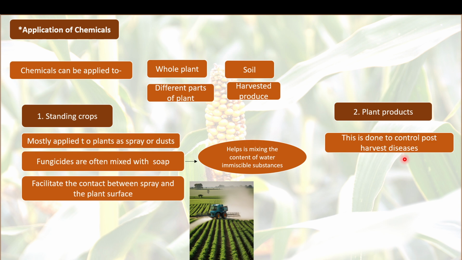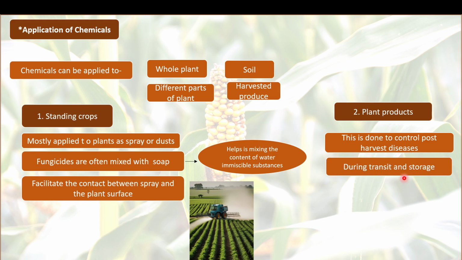Now diseases occur not only during the sowing time or the growing time, but disease also takes place after the harvest, right? These are called post-harvest diseases. This also has to be controlled, otherwise whatever produce is formed will not be of any use.